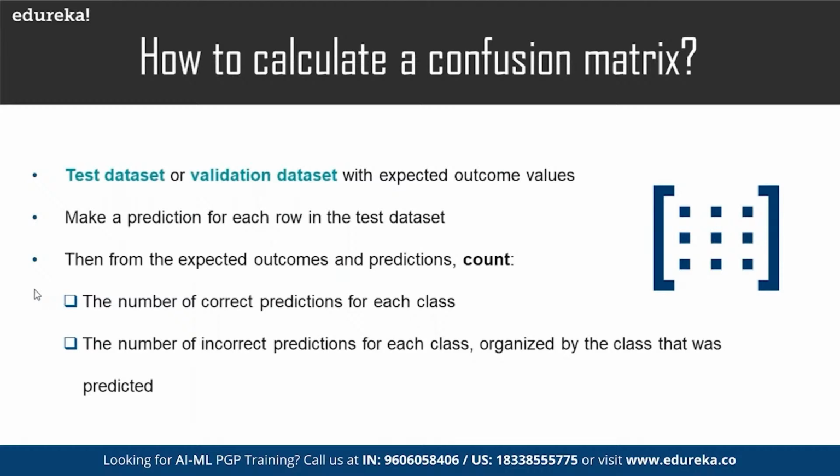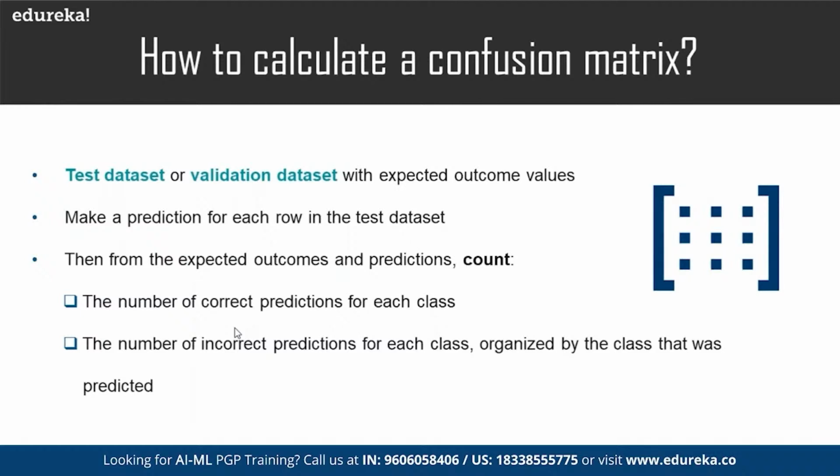Make a prediction for each row in a test data set. Again, this is when we talk about tabular data sets and structured data. The number of correct predictions for each class falls under the labels.